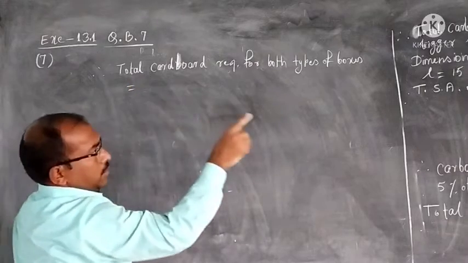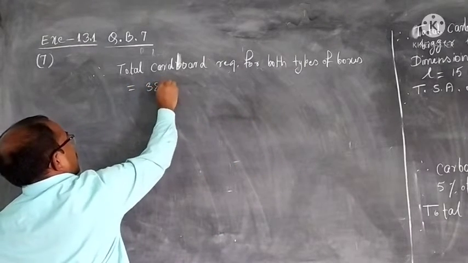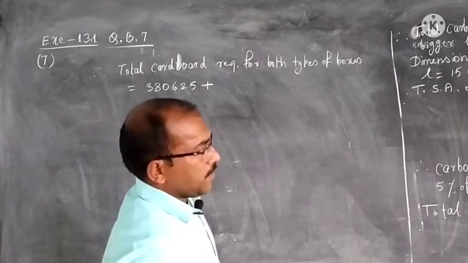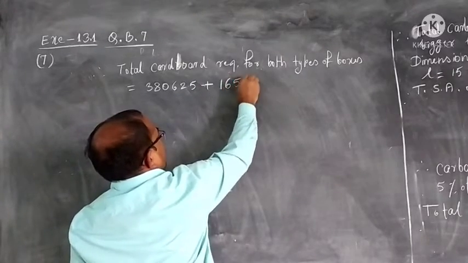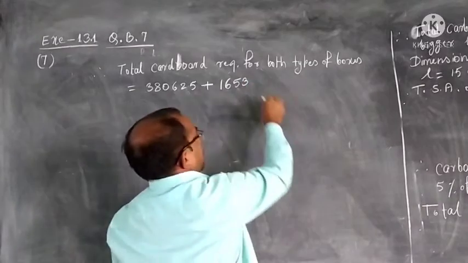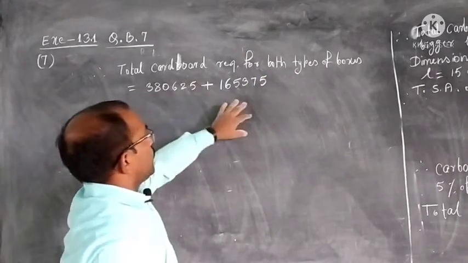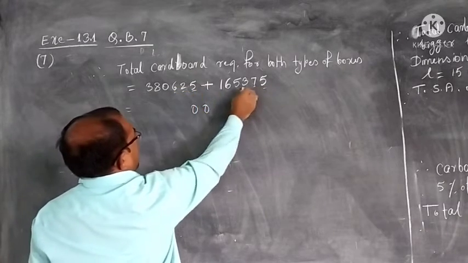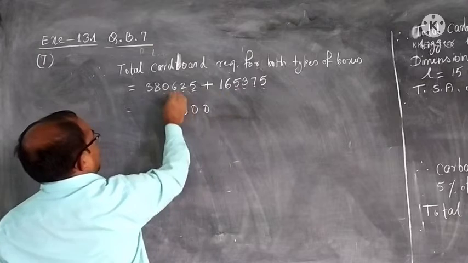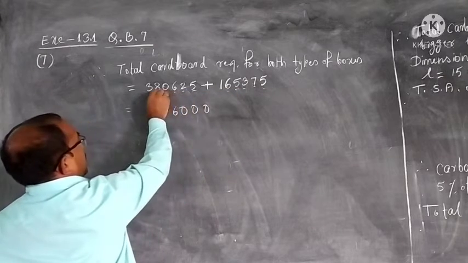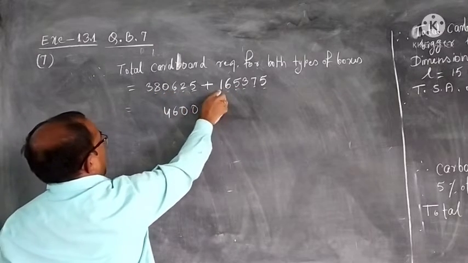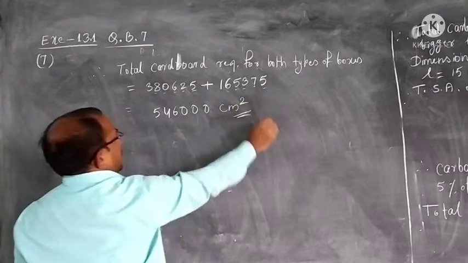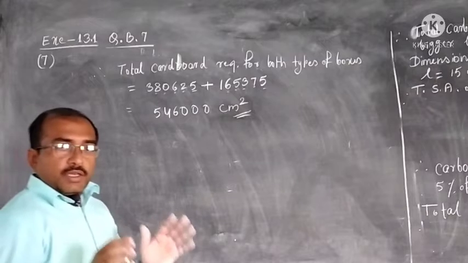So first one, bigger one, 3,80,625 plus the smaller one, how much we calculated? 1,65,375. We will add these both. 5,46,000 centimeter square of cardboard we need to buy.